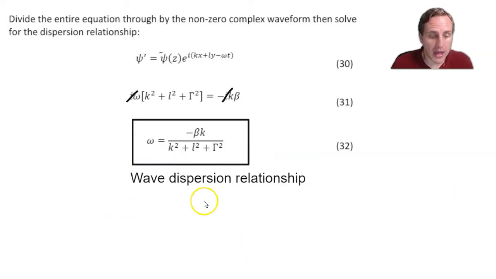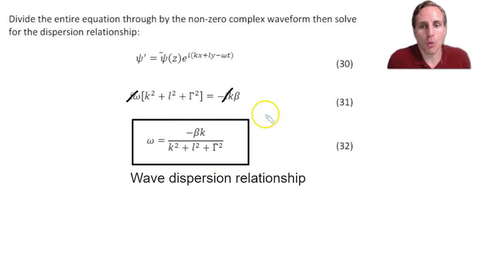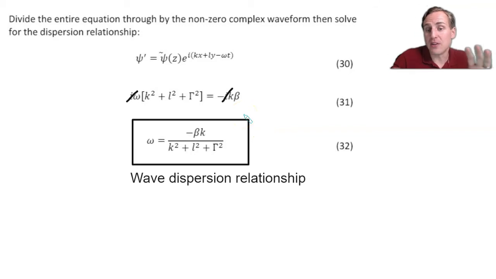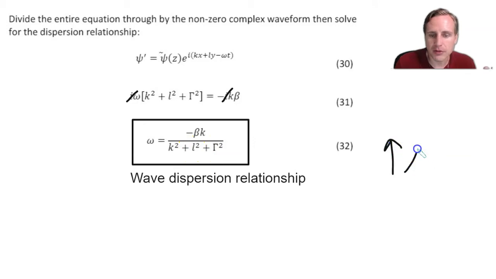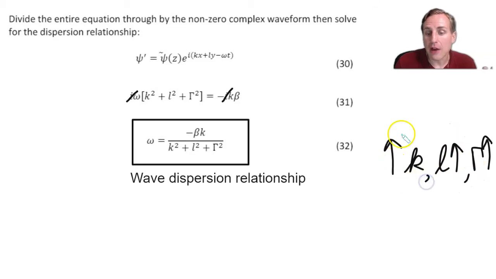Most of you that have taken introductory wave analysis classes have dealt with non-dispersive waves, which means that waves don't move at different speeds depending upon their wavelength. But in this particular case, let's think about this. If k or L or gamma are large, that's large wave numbers, that means by definition that the wavelengths are small.